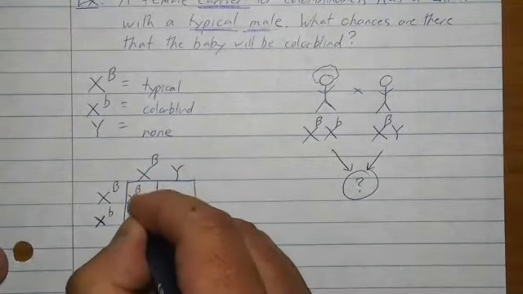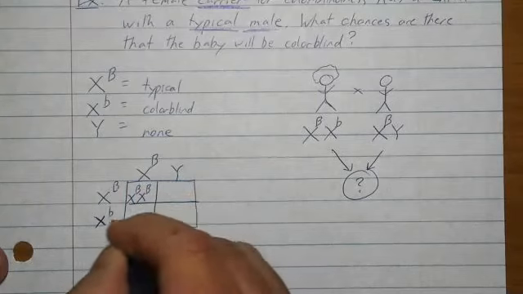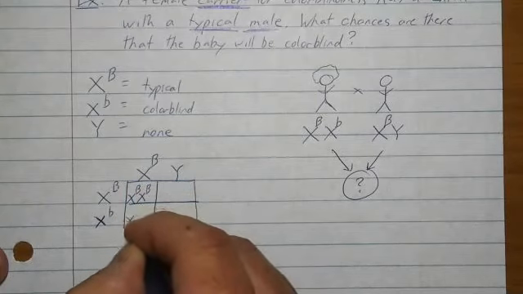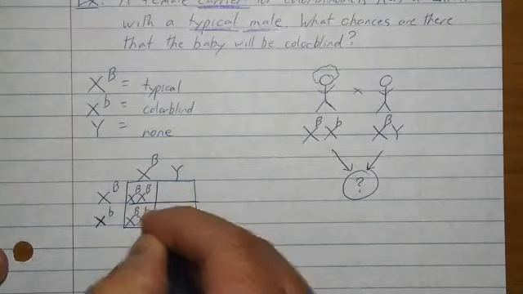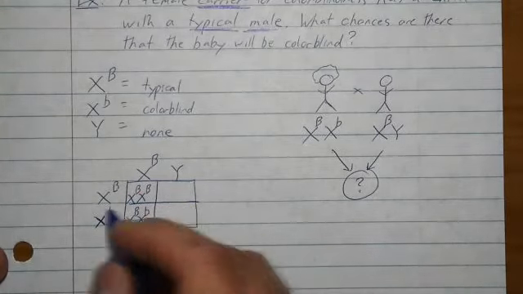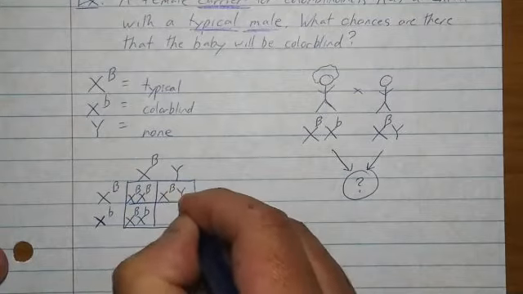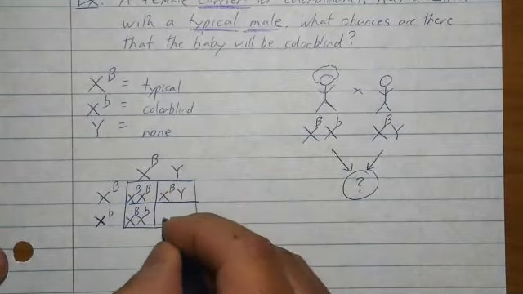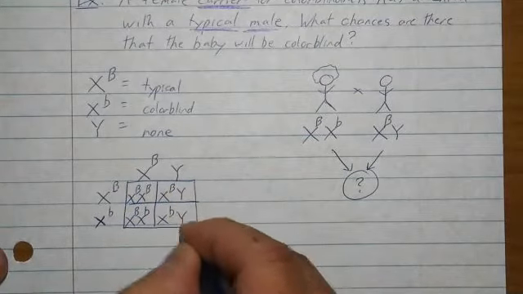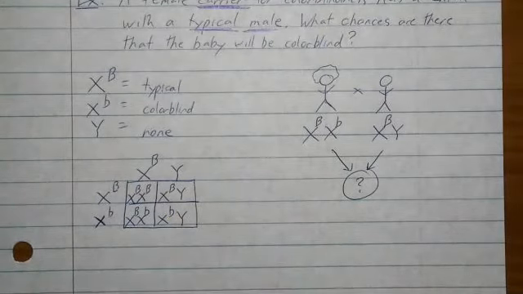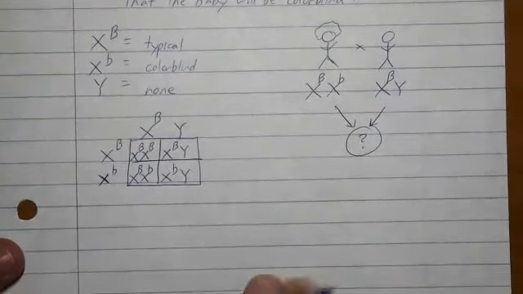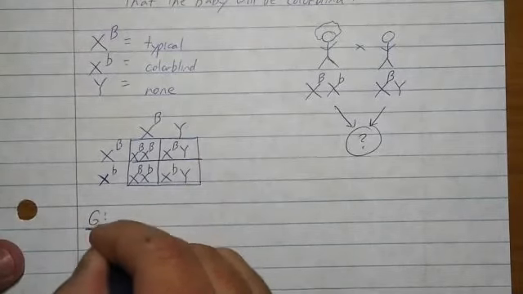Okay, and then you run the Punnett square as you did before. X to the capital, X to the capital. X to the lowercase, X to the capital. I'm going to put the capital first. It doesn't really matter, but it just keeps it straight. X to the capital and a Y. And then X to the lowercase and a Y. Okay, let's take a look. So let's do our genotype ratios.